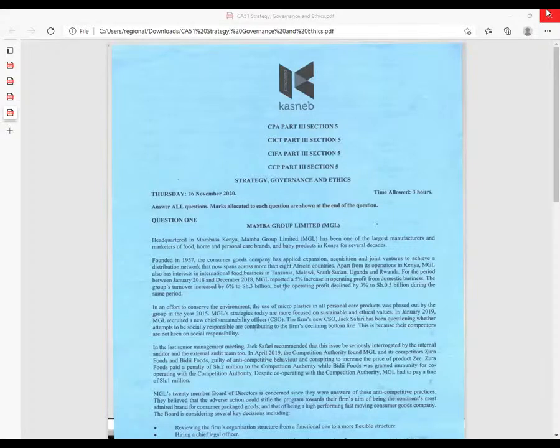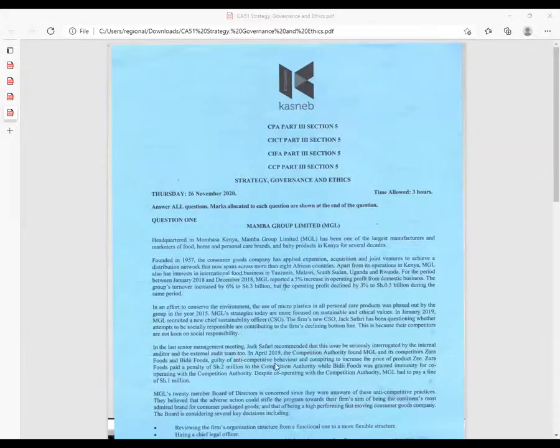Let them not be keen on social responsibility, as we shall be so keen on it, because it is one of the ways that we are using even to market ourselves, to brand ourselves. We want our brand to stand in the market, right? In the last senior management meeting, Jack Safari recommended that this issue be seriously interrogated by the internal auditor and the external audit team too.